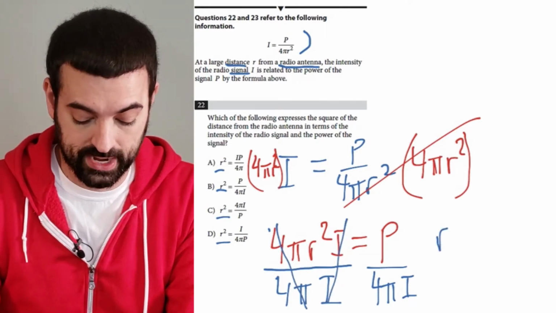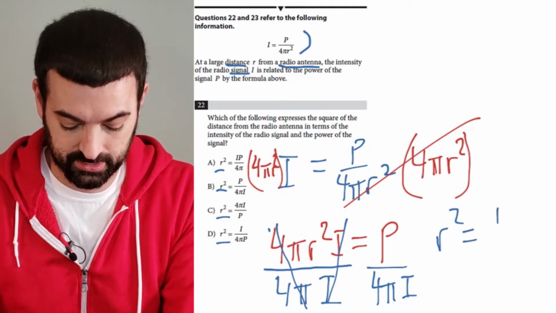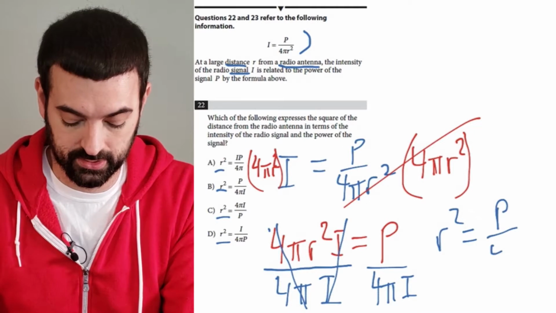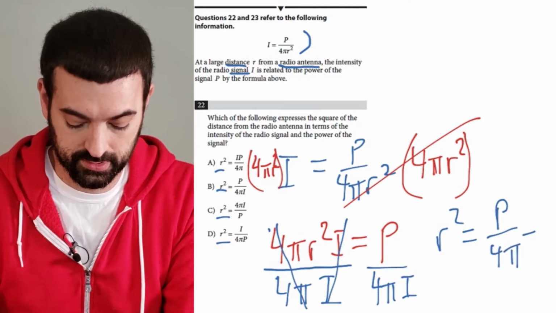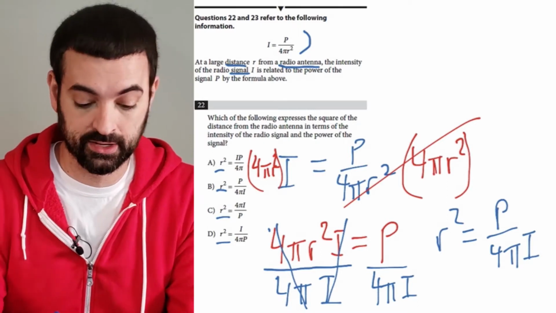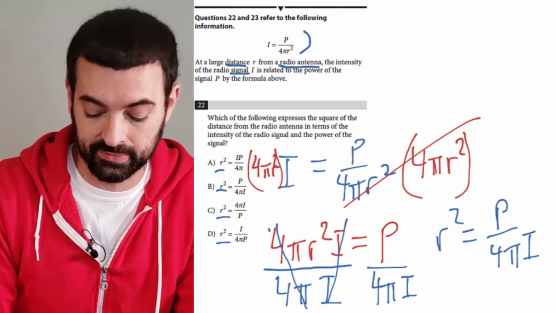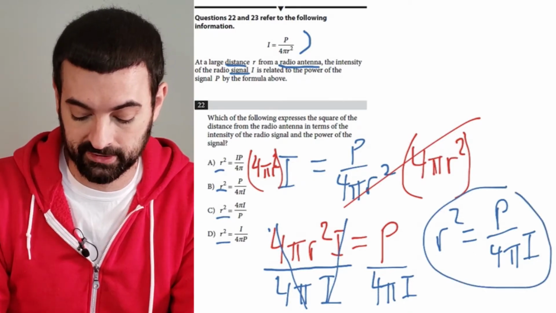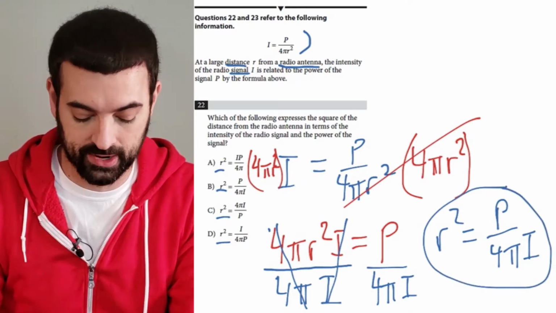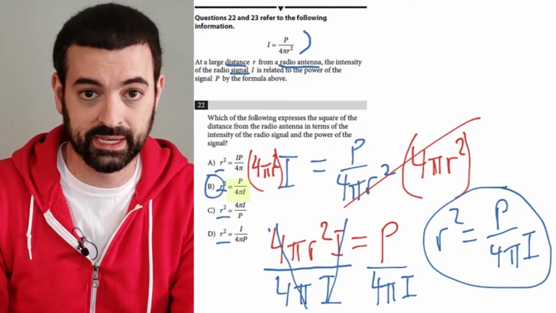So r squared equals P over 4 pi I. So don't worry if you see that exponent and start thinking that you need to work with roots or something like that. You're simply solving for r squared, and in this case, your answer choice would be B.